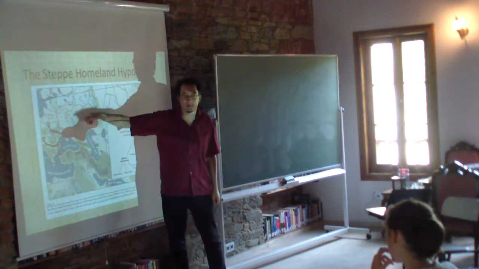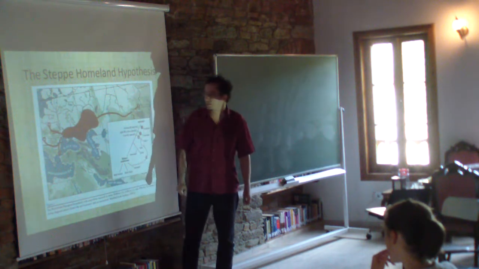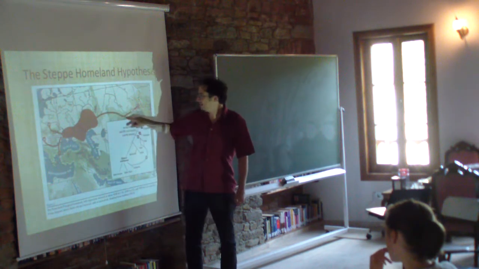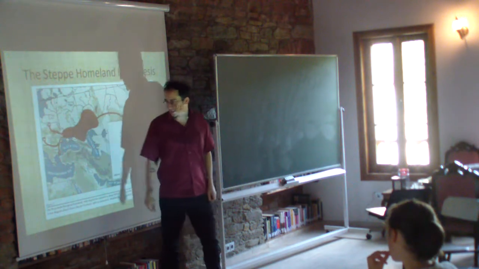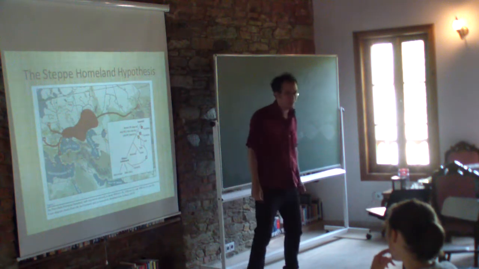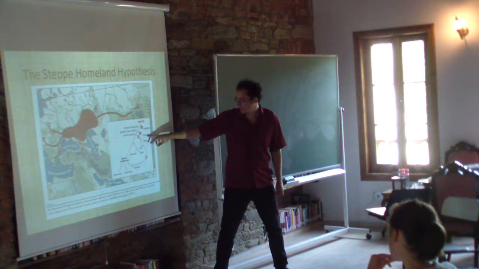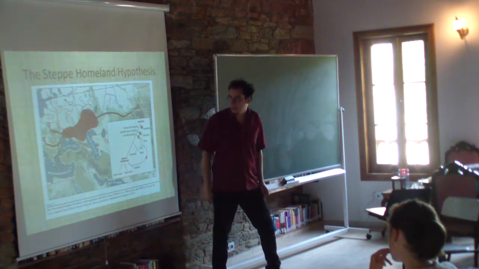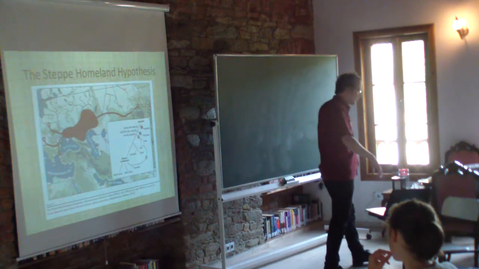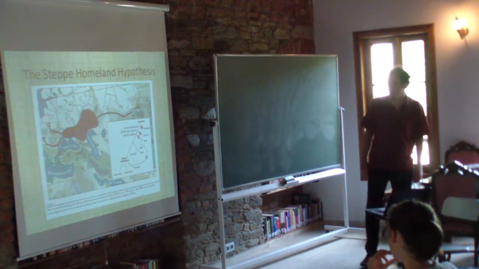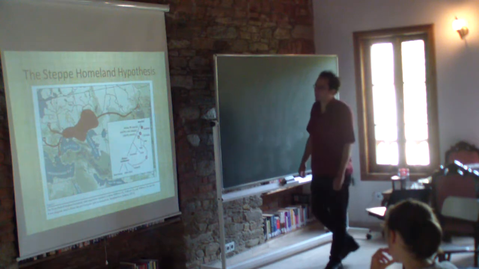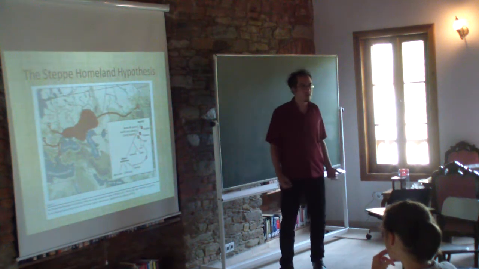Then you can have the Uralic loanwords, and he's drawing these arrows, how the different tribes, first the Anatolians, then the Tocharians and the other ones separated from this region. The main problem is that it's archaeological nonsense.